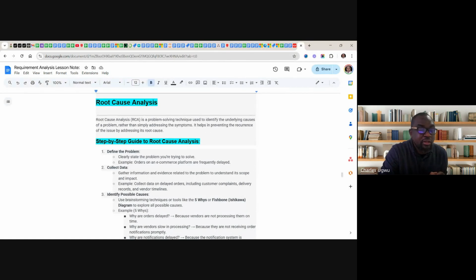So you must understand what is wrong here and get it out of the system. It is used to identify the underlying cause of a problem rather than simply addressing the symptoms. It helps in preventing the reoccurrence of the issue by addressing the root cause.